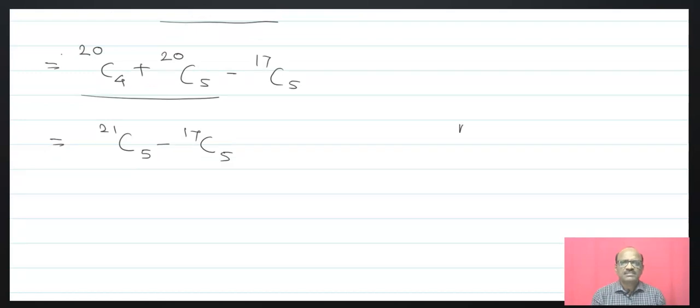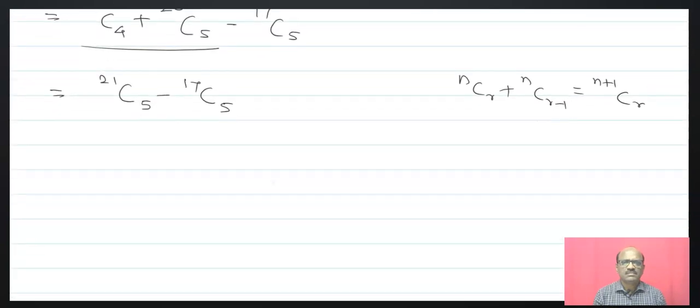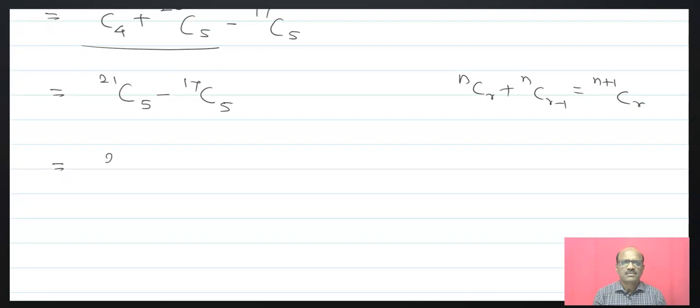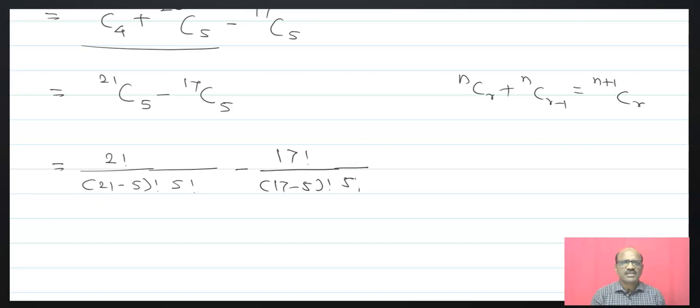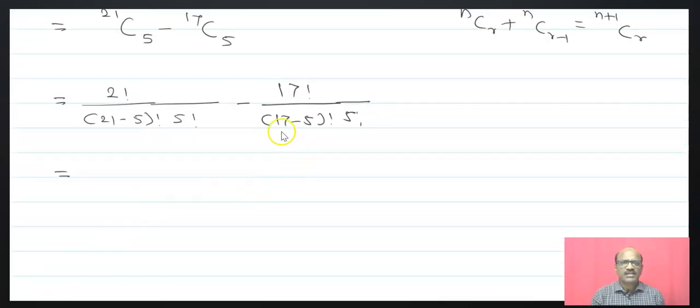Now evaluate this: 21 factorial upon (21 minus 5) factorial into 5 factorial, minus 17 factorial upon (17 minus 5) factorial into 5 factorial.